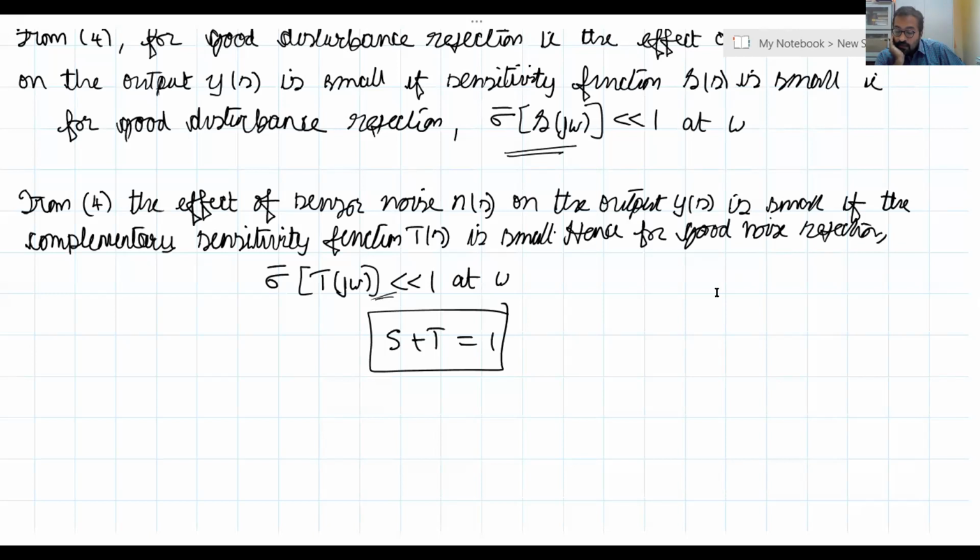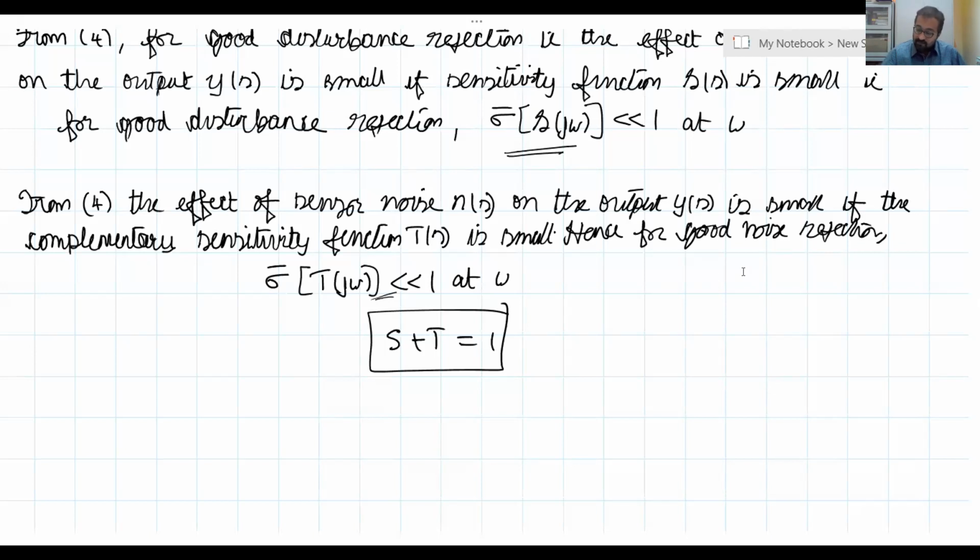Keep in mind, noise occurs in the high frequency region, so for good noise rejection, complementary sensitivity must be very small. And for good disturbance rejection, sensitivity must be small.